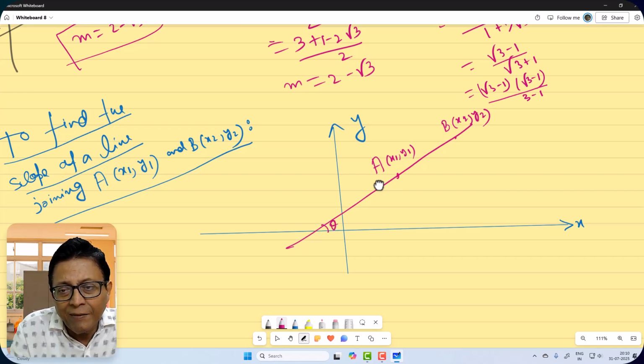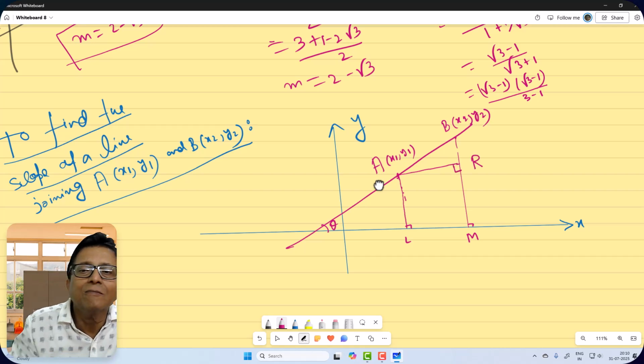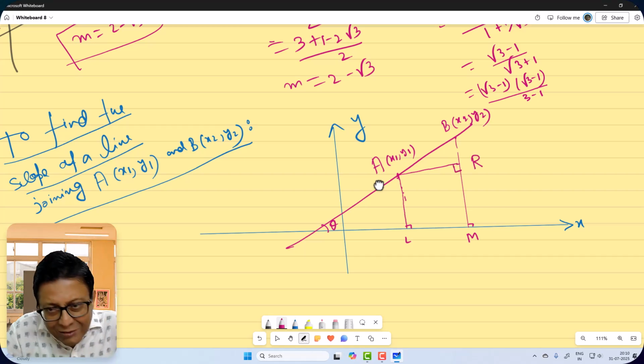So to find the value of tan theta, you just draw perpendiculars. AL and BM are two perpendiculars. Join a perpendicular from here to here also. AL to BM, that is AR. Okay?